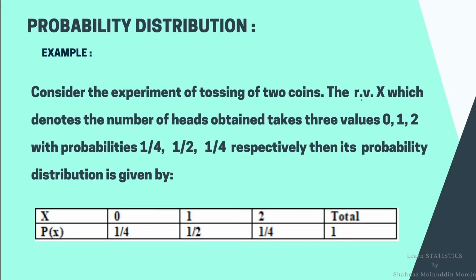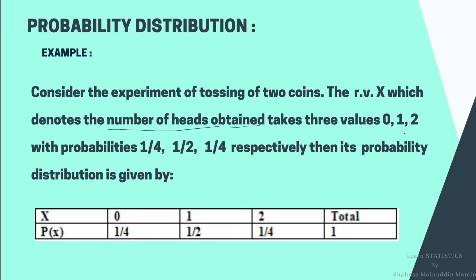Here the random variable x denotes the number of heads obtained. When we toss two coins simultaneously, then the number of heads coming on the upper side is our random variable x. Then it takes three values: 0, 1, 2.